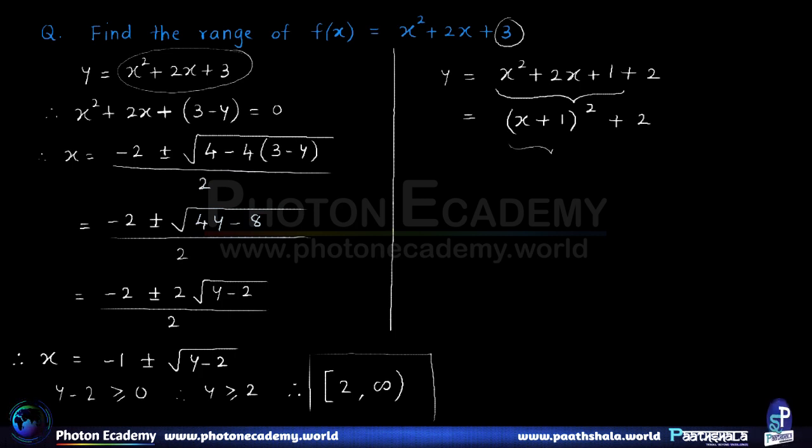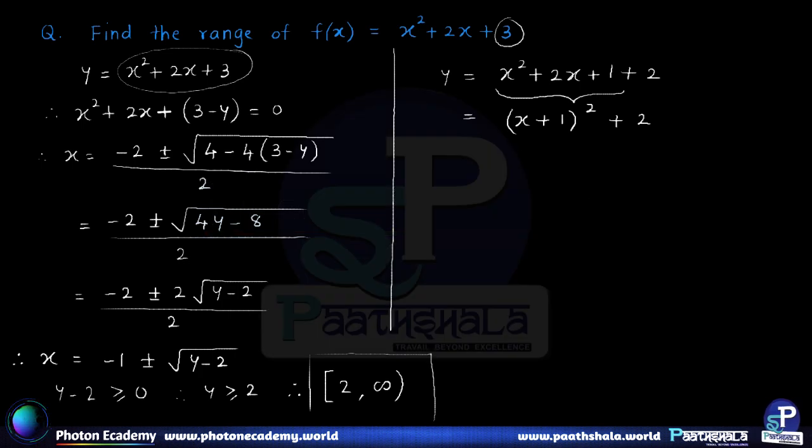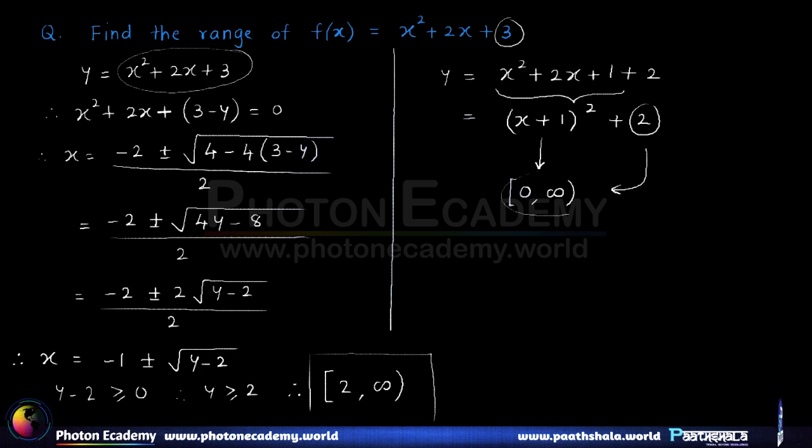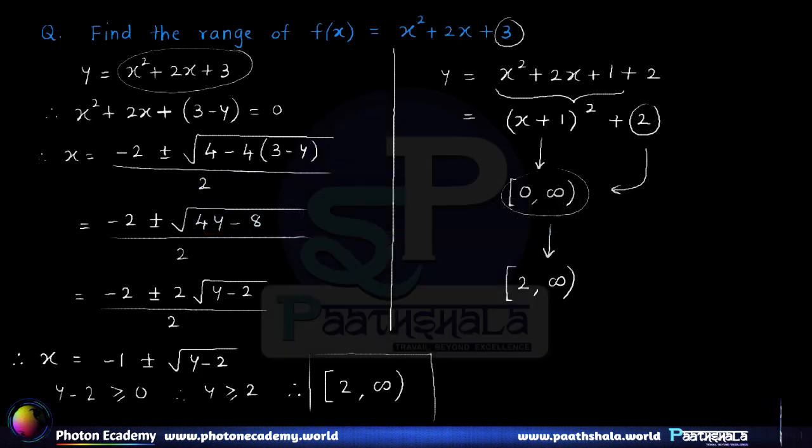Now we know that the square of any real quantity is always non-negative, so the least value of this will be 0 and the maximum value will be infinity, isn't it? So if you add 2 to this value in the interval 0 to infinity, that will finally be an expression whose minimum value is 2 and the maximum value is still infinity. So that is how we derive the same range as we had obtained by the previous approach, right? So that is the answer of this question.